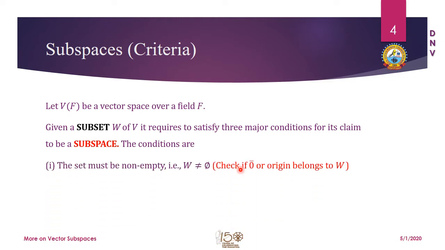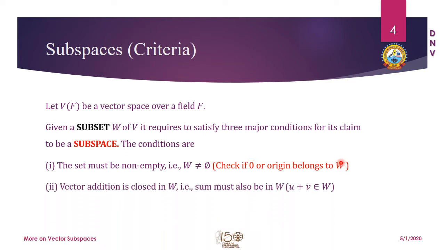The first condition is that the set must be non-empty, that is W must not be equal to the null set, and for that we just check whether the zero vector or origin belongs to W or not. The second condition we want to verify is that vector addition is closed in W, that is the sum of 2 vectors should also be a member of set W.